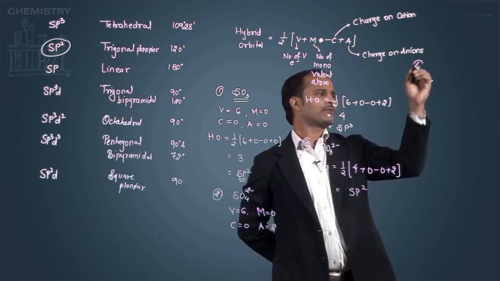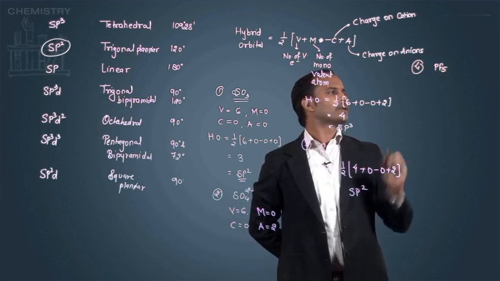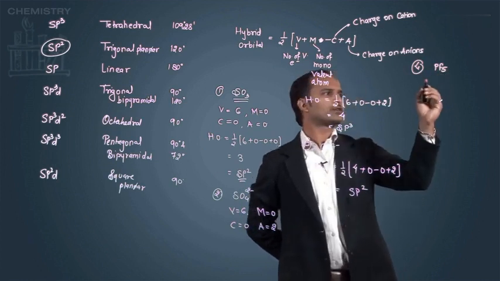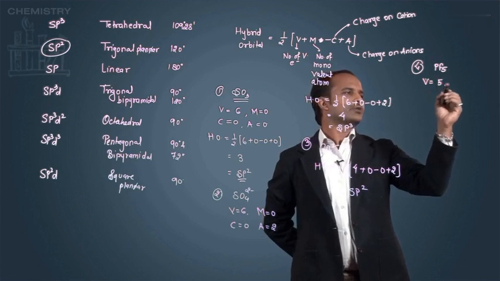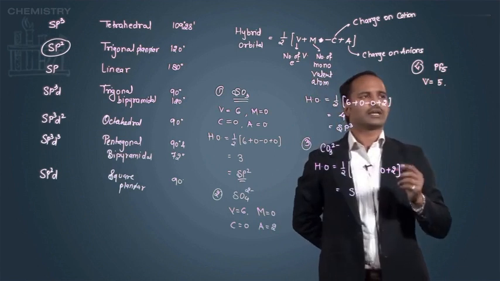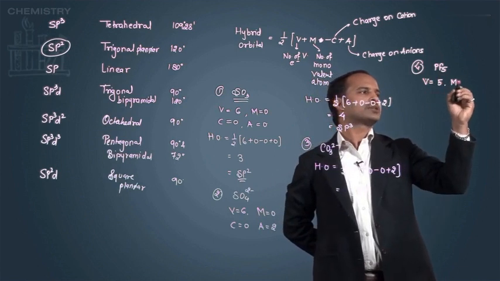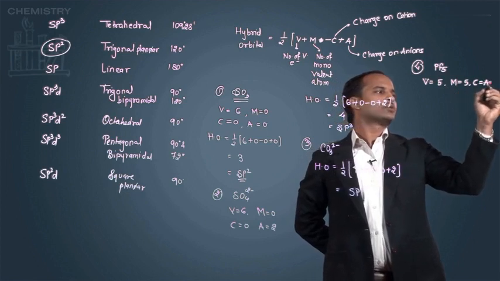Then the fourth which we have is the PF5 molecule. In PF5, the phosphorus atom has 5 electrons in the outermost orbit. Fluorine is a monovalent atom because it carries charge -1. So the number of monovalent atoms, that is M, is equal to 5. C and A both are equal to 0.